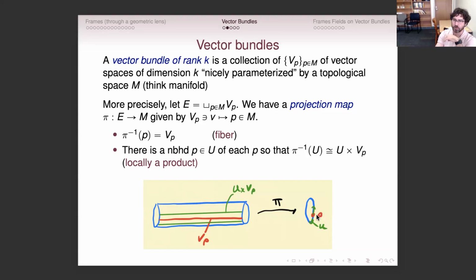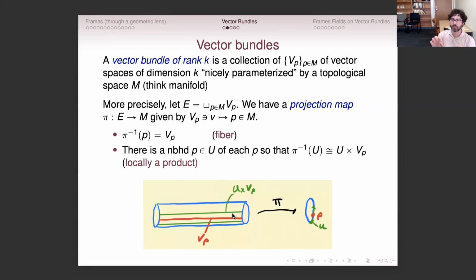So here's a little cartoon of what's happening. You can think about an infinitely long cylinder as a rank 1 vector bundle over a circle. And what's happening is the projection map is projecting the horizontal lines down to points. And globally, this is not a product. Well, I guess never mind. Globally, it is a product.